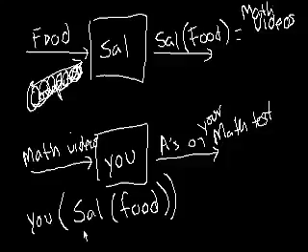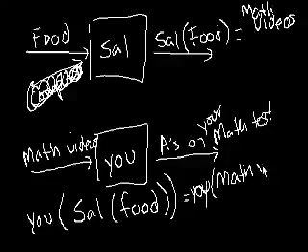Well, first we would try to figure out what is Sal of food. Well, we already figured out if you put food into Sal, Sal of food is equal to math videos. So this is the same thing as U of, U, that's Y-O-U. I'm trying to confuse you. U of math videos, right?